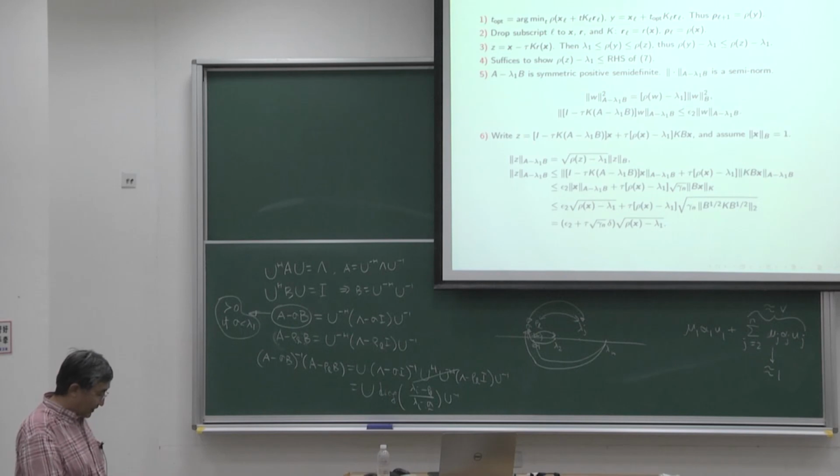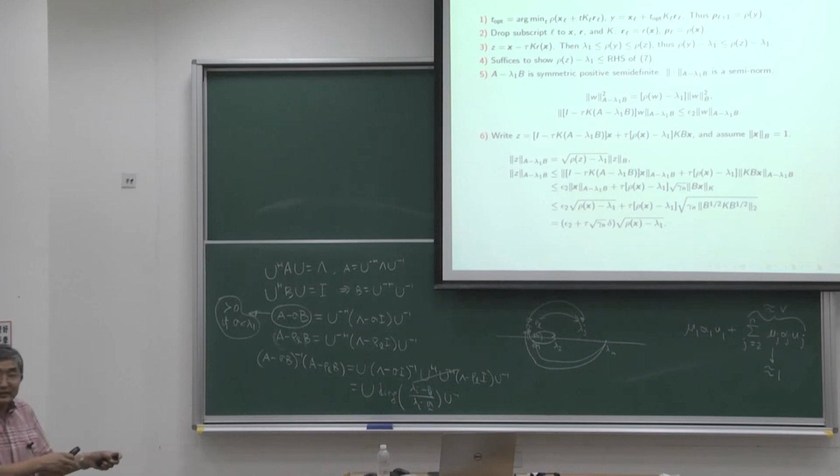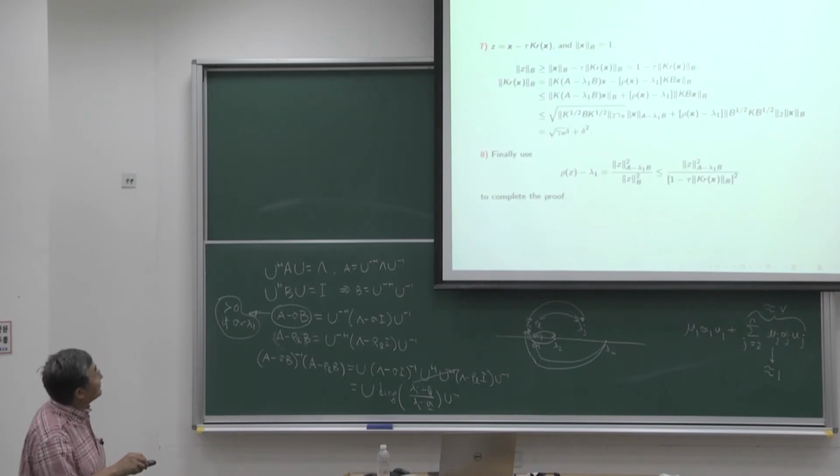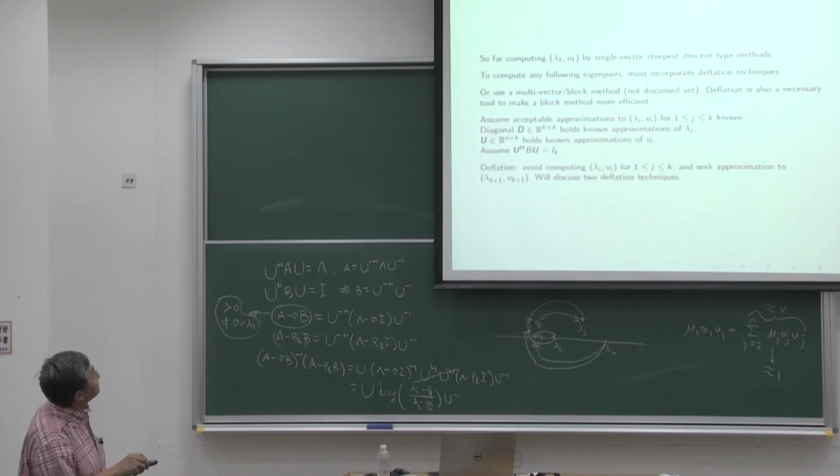That is, using the matrix A minus lambda 1 B as a semi-norm, for any vector w, the error, which is rho w, the Rayleigh quotient, minus lambda 1, appears. So by using the semi-norm, the error term nicely comes out from the norm error.